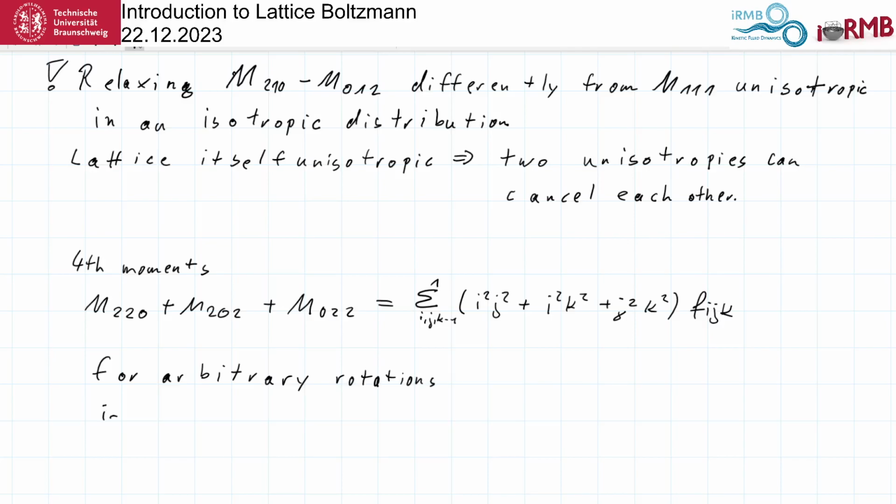So i, j, k under any rotation, i_r square j_r square plus i_r square k_r square plus j_r square k_r square, is always i square j square plus i square k square plus j square k square, and so this moment here is isotropic.